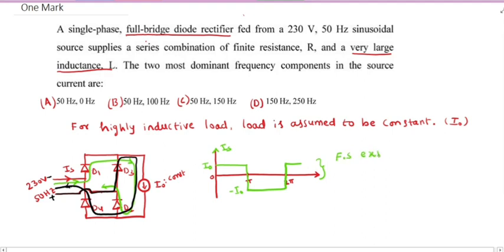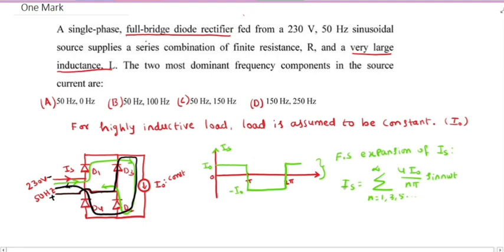Fourier series expansion of IS, the source current: IS is equal to summation n equal to 1, 3, 5 and so on to infinity of 4 I naught by n pi sine n omega t. So now the question is, what are the two most dominant frequency components in the source current?